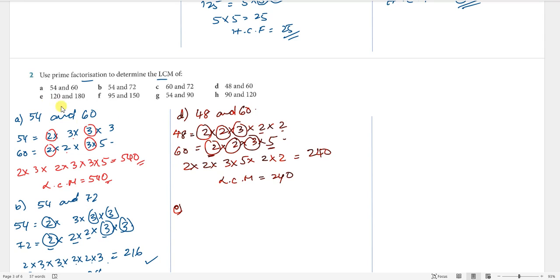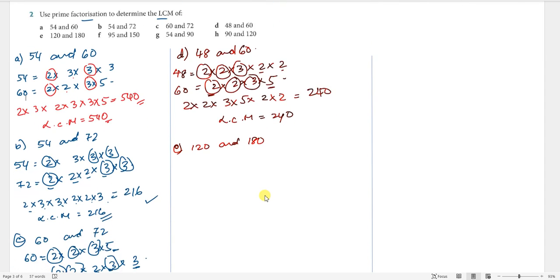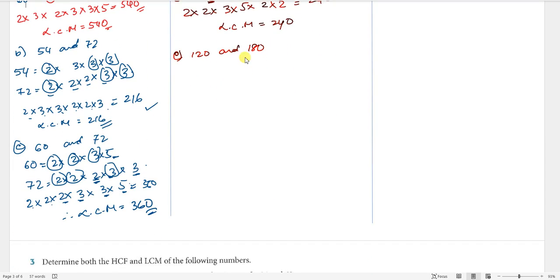Question E, we have 120 and 180. So first, 120 is equal to 2 times 2 times 2 times 3 times 5. 180 is equal to 2 times 2 times 3 times 3 times 5.